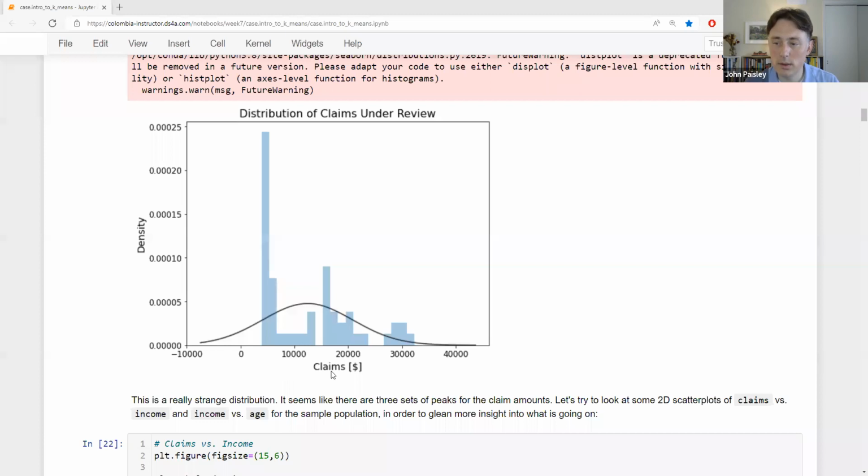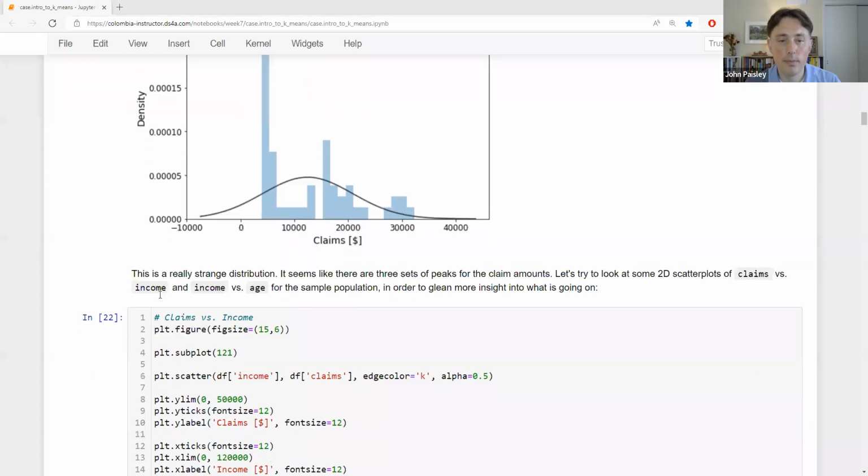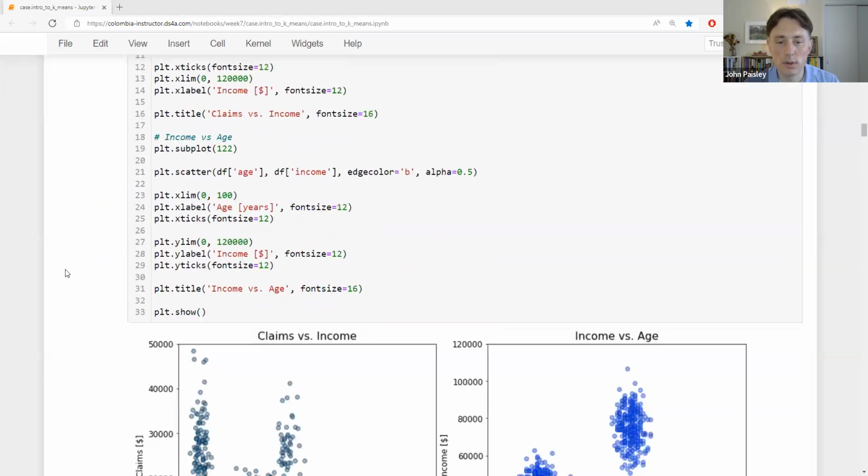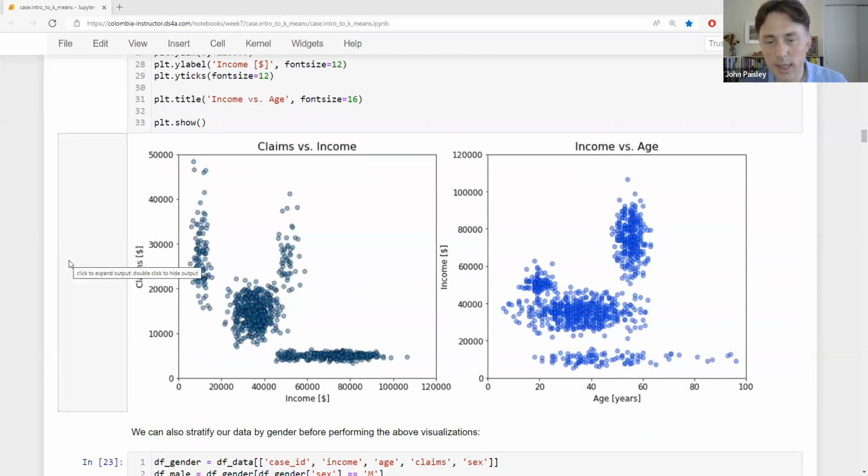So now let's look at two variables together, two dimensions together in our data. Let's look at the claims, how much they want versus their income. And also let's look at their income versus the age in order to understand what's going on. So here's the second set of plots that we're doing for our EDA.